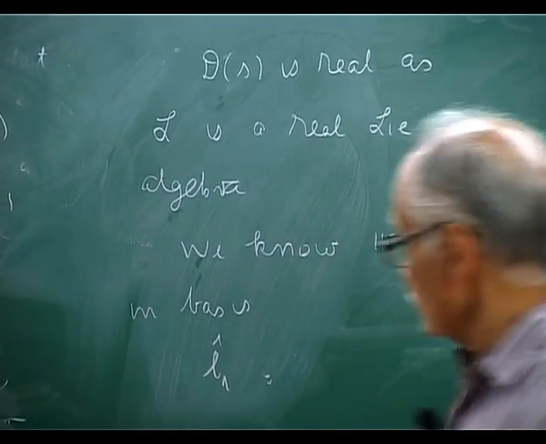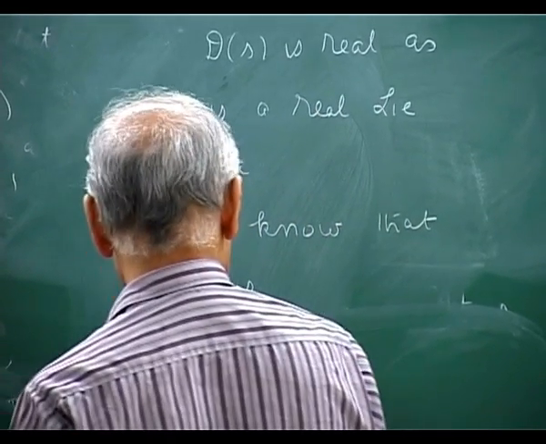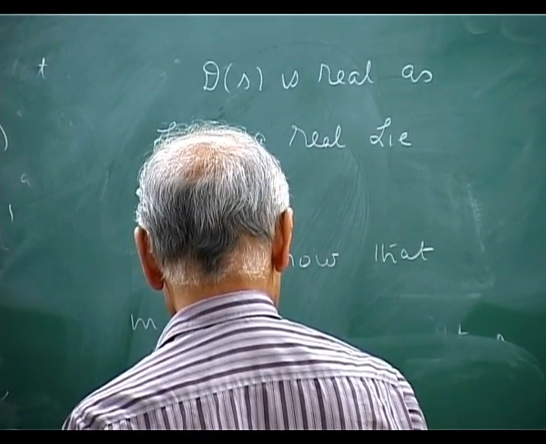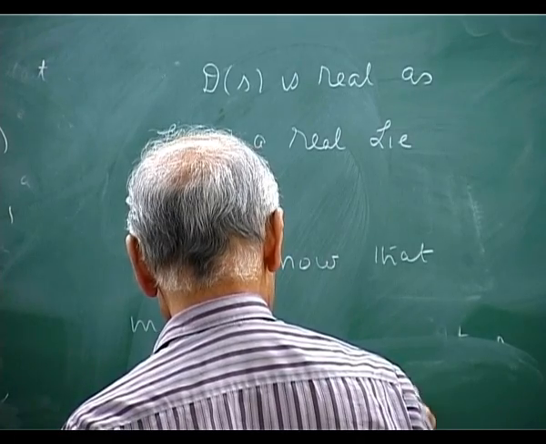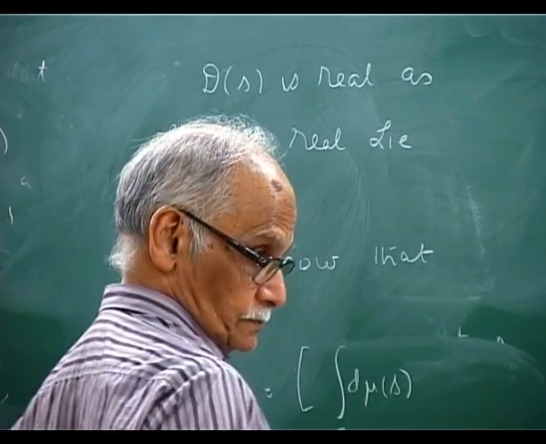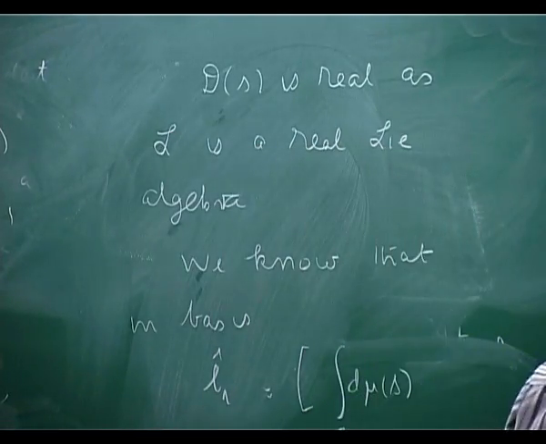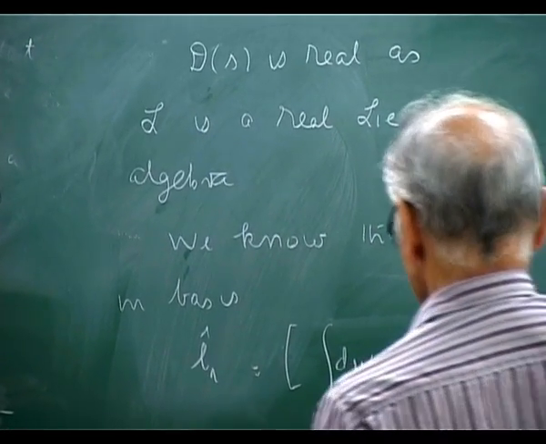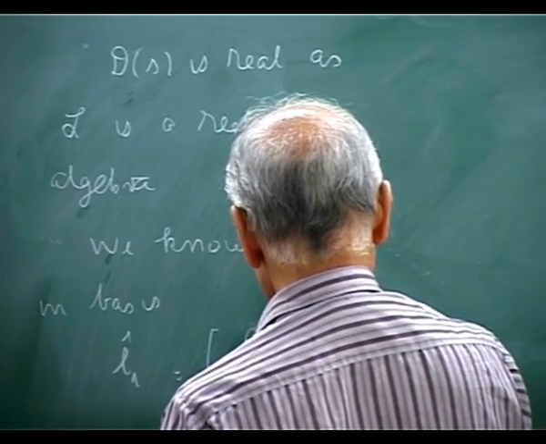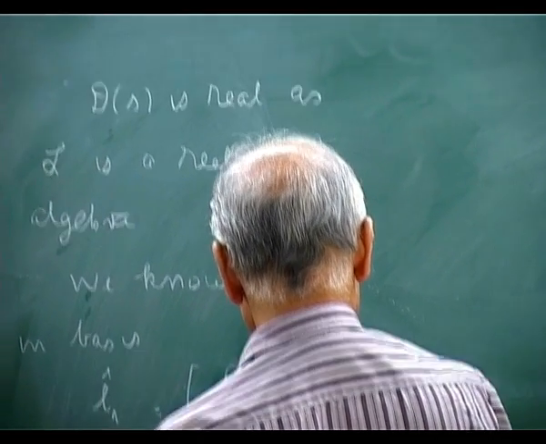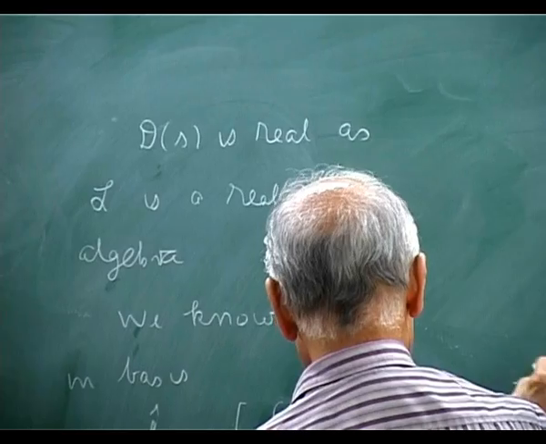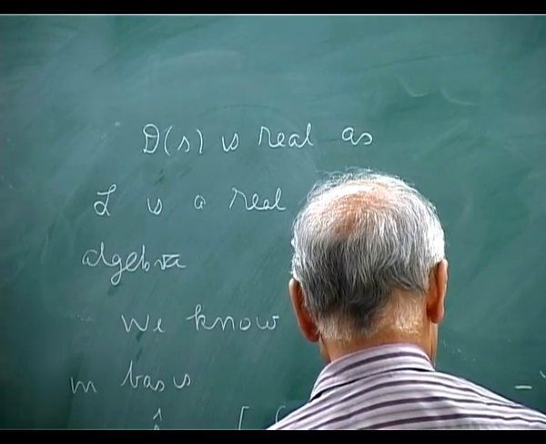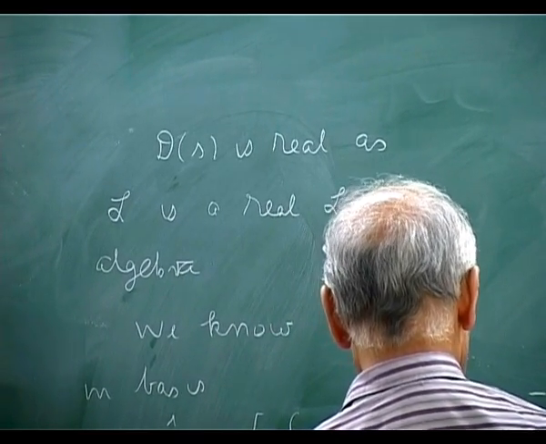integration on G0 d mu of s script ds dagger script ds to the minus half, j I l j.